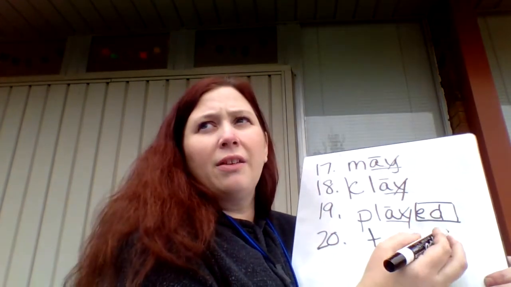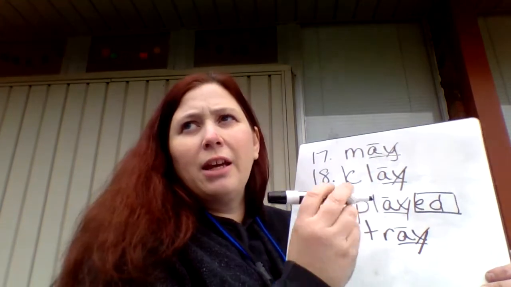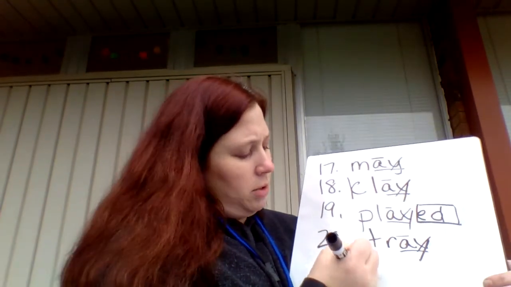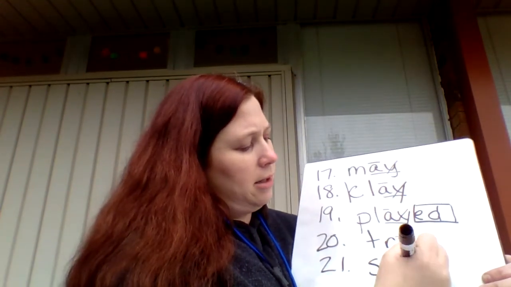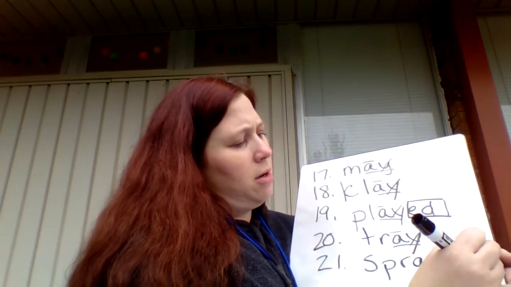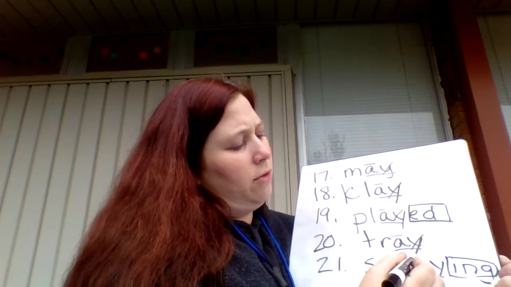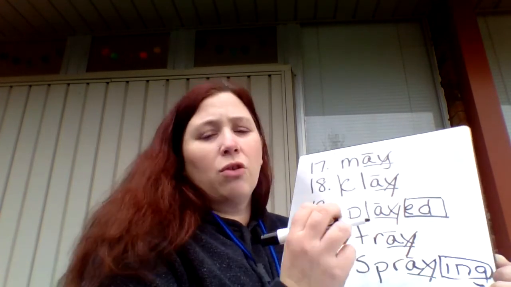We're going to underline the AY, scratch off the Y, macron on the A. And 21, spraying. This is a big one, isn't it? We're going to box off our ing. Our AY gets underlined, A gets the macron, Y gets crossed off.